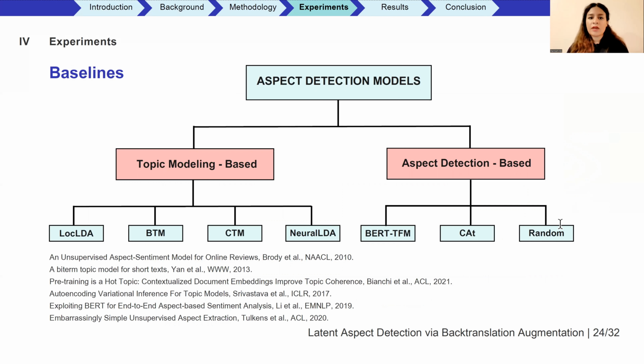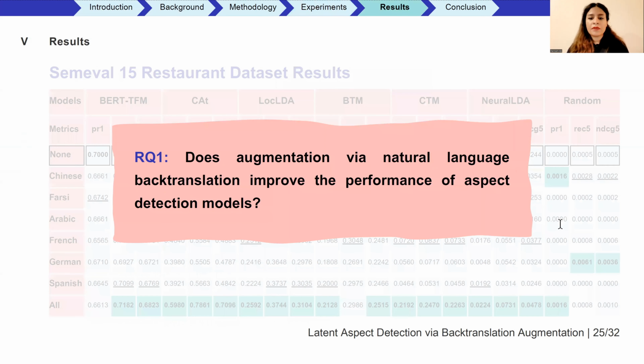We find the topic, and the highest probable words for that topic are used as the aspects of the review. We also have some benchmark baselines, which are state-of-the-art works in aspect detection, and we want to see whether this augmentation can improve the performance of these existing aspect detection models.